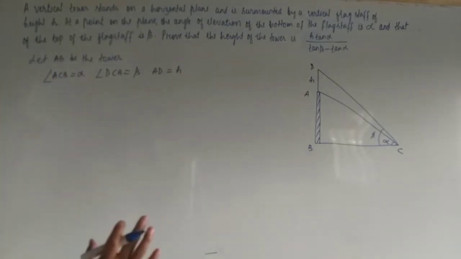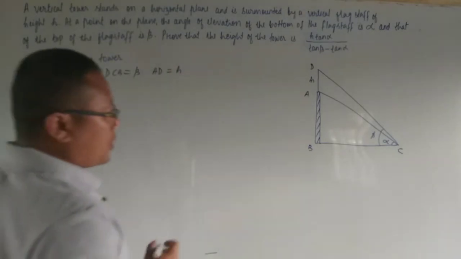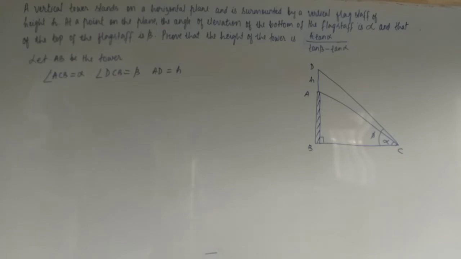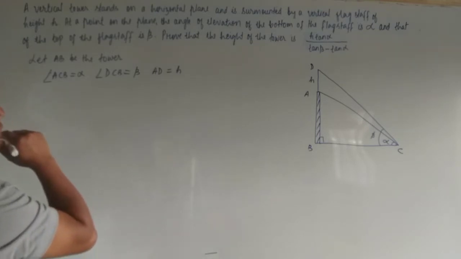So these are the given that we have. And always remember, this angle is 90 degrees. So now let's start off with one of the right angle triangles. You can start with any of the right angle triangles. Let's start with the smaller triangle.